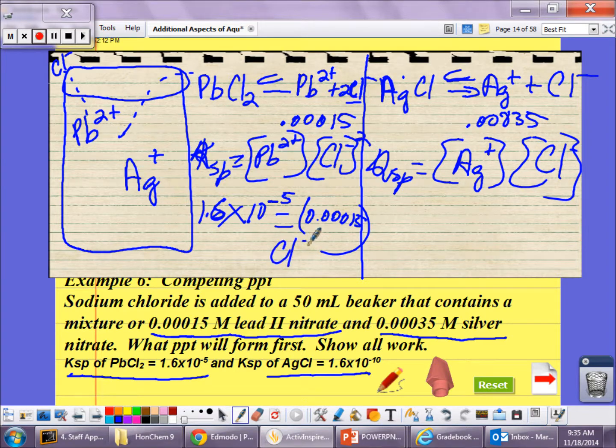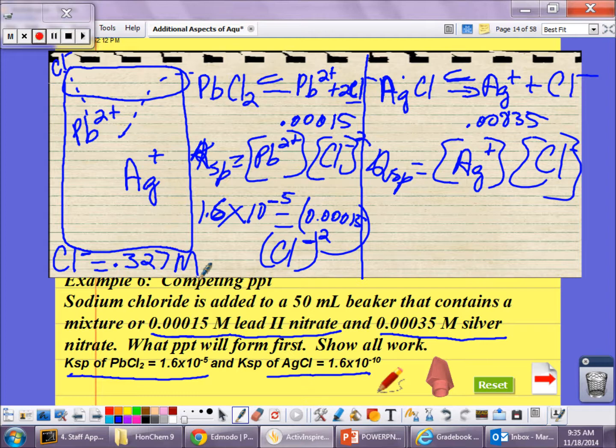So I need for you to find the concentration of chloride right here for me. Cl- squared. So it will be the square root of 1.6 times 10 to the negative 5 over 0.00015. If one student can do that for me, I would appreciate it. So chloride for the PbCl2 equal 327 molar. Let's do the exact same thing.